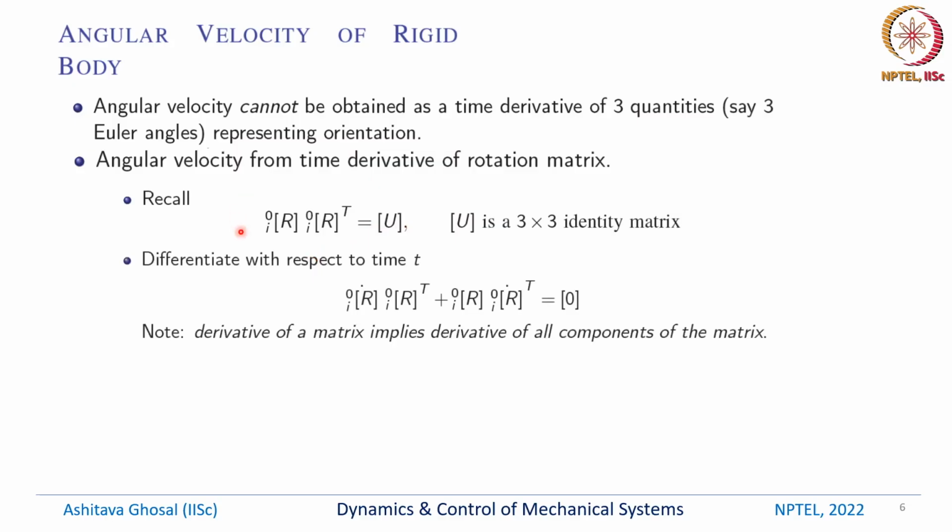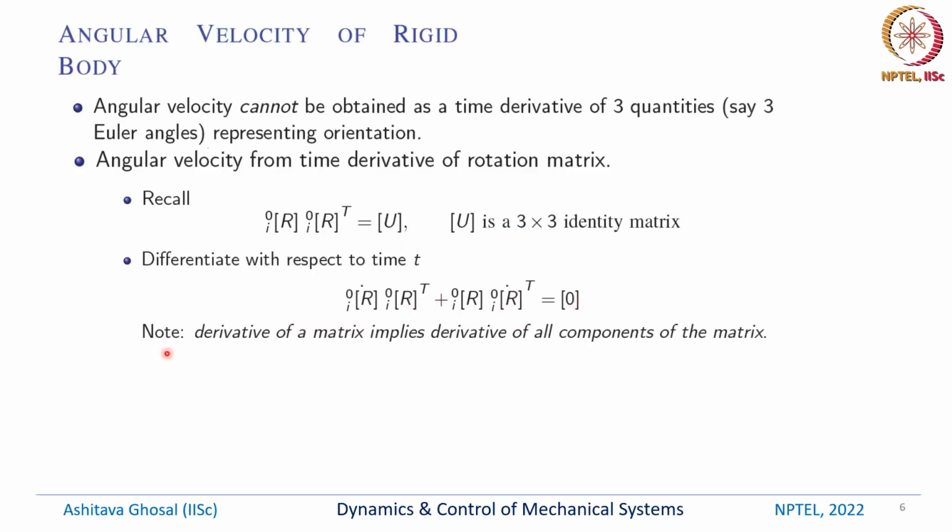If we differentiate this relationship with respect to time, we have to use the chain rule. The first term is R dot into R transpose, and the second term is R into R dot, and the whole of transpose. The right hand side is identity, so the derivative of that is 0.